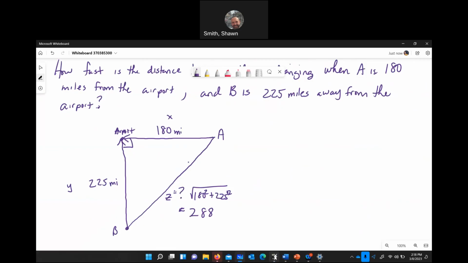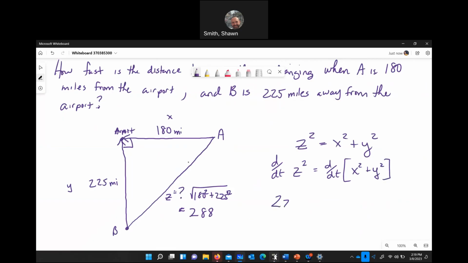All right, so we also have a formula that relates all three of these sides, right? Pythagorean theorem. z squared is equal to x squared plus y squared. I will differentiate both sides with respect to the time t. There's no variable t in there, so it's a chain rule.